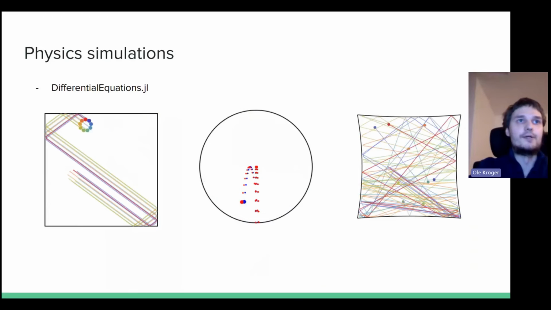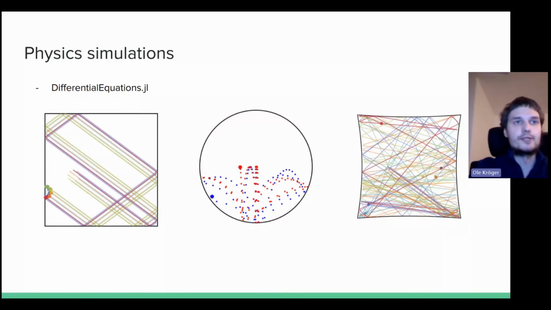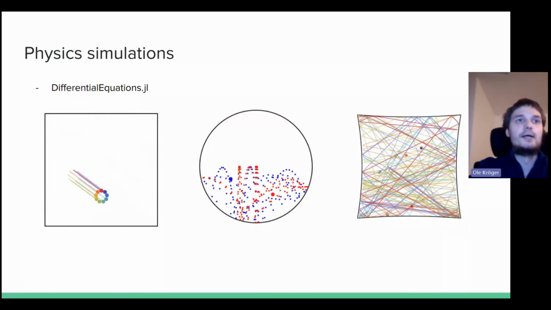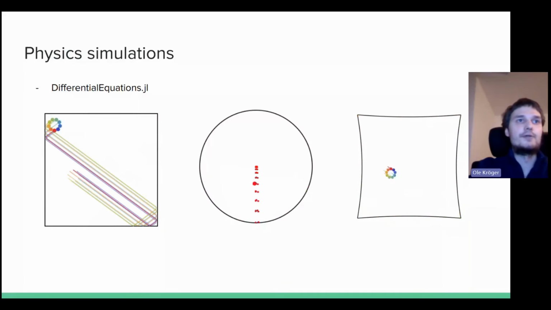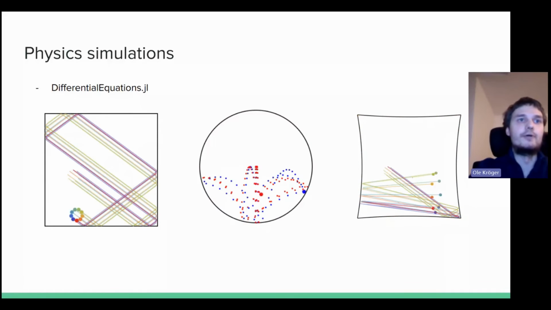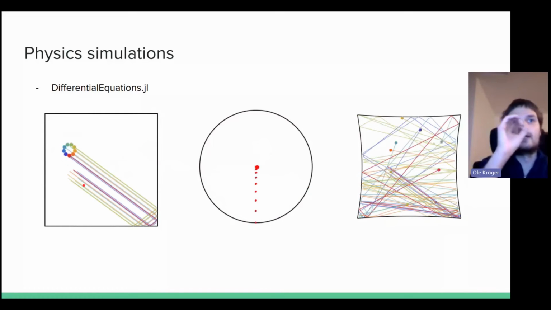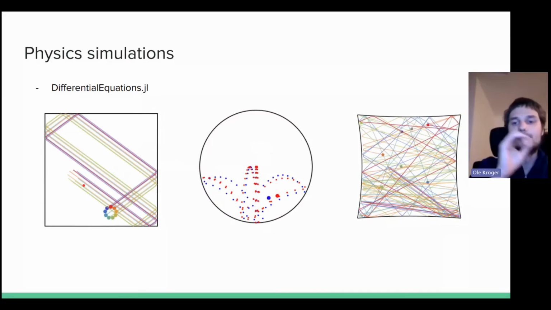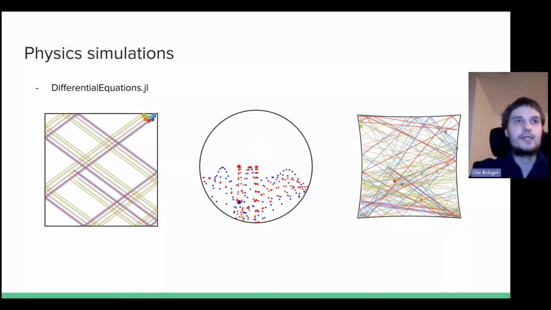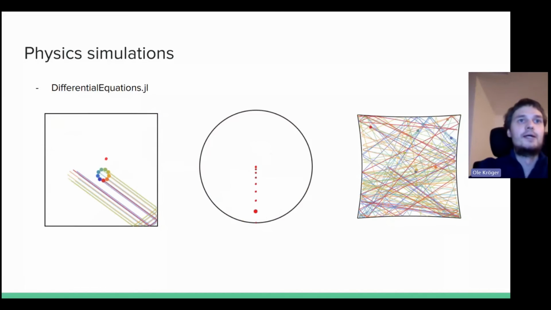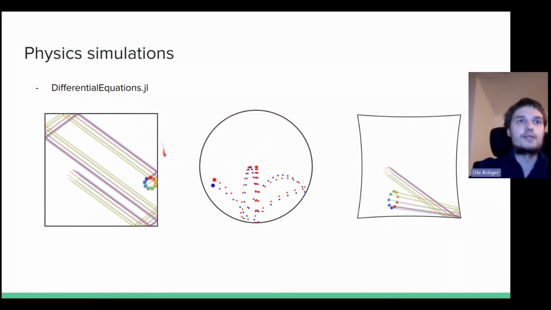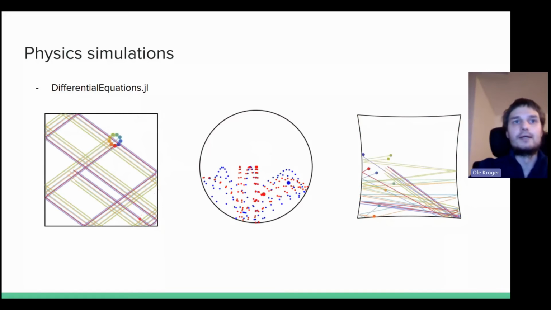So there's this awesome package, DifferentialEquations.jl, which we use here to solve differential equations for basically these bouncing balls. So we give a start point and a velocity, and solve the equations with changing reflections on the borders.